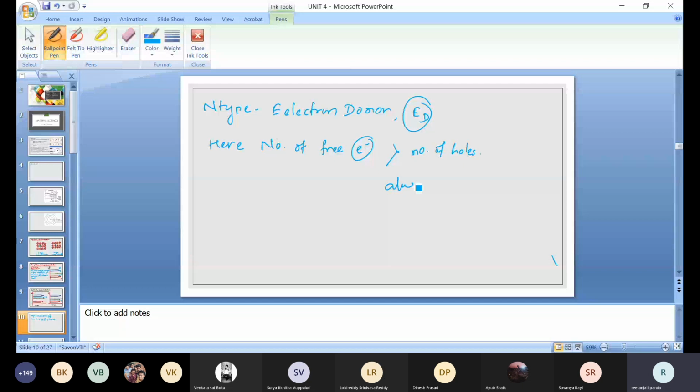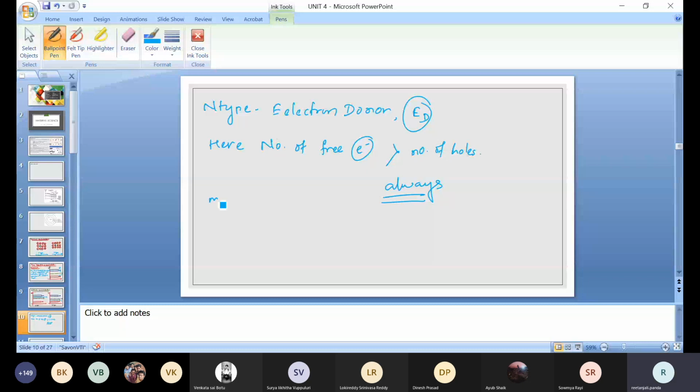I can say that because the number of free electrons is more than the number of holes, the Fermi energy of an N type semiconductor will lie towards the conduction band because of the presence of free electrons. Here the major charge carrier is the free electron.